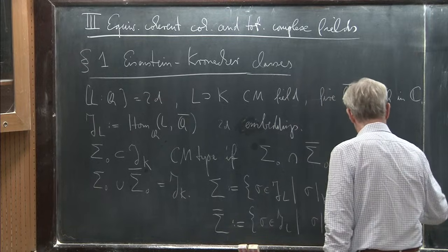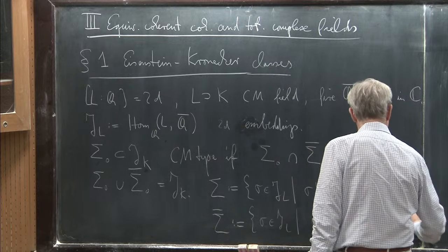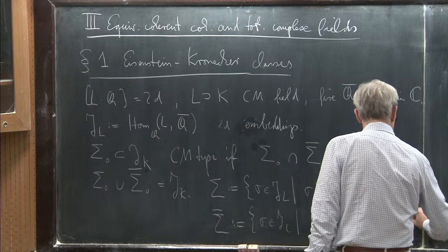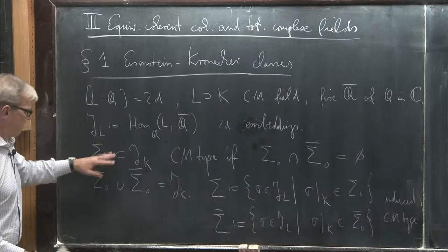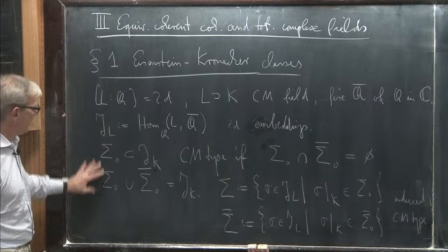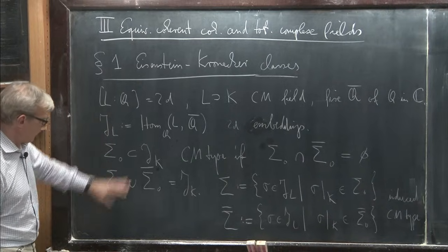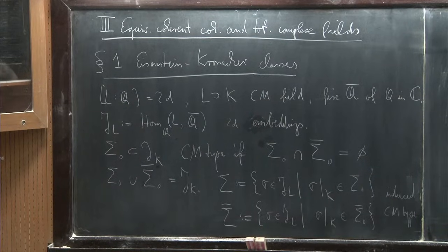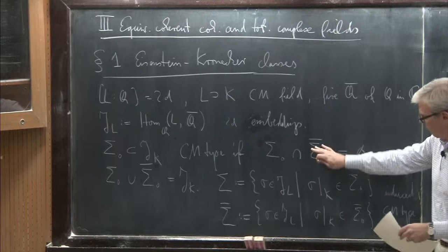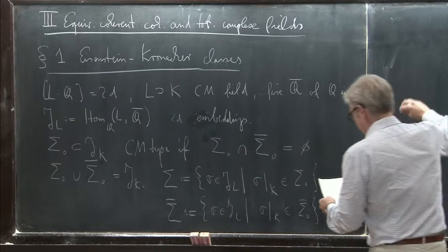This is called the induced CM type. So you should think of this only as a way to label things here. These CM types are everywhere in the theory of complex multiplication. They are a necessary datum. But if you're not so into number theory, you can ignore this also.